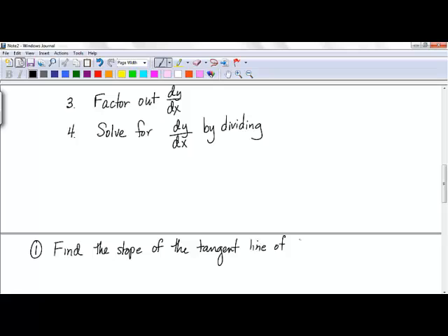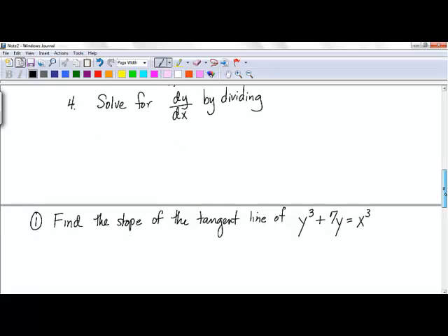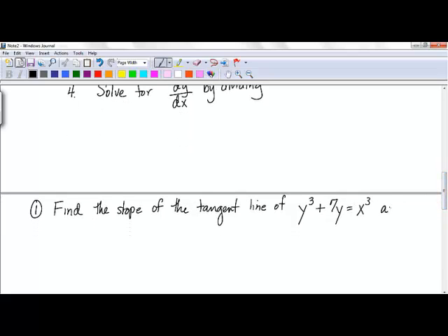Start with the one that I started with the picture. y cubed plus 7y equals x cubed. Okay, and we're going to do it at a specific point, the ordered pair 2, 1. I want to know what is the slope of that tangent line at that point.